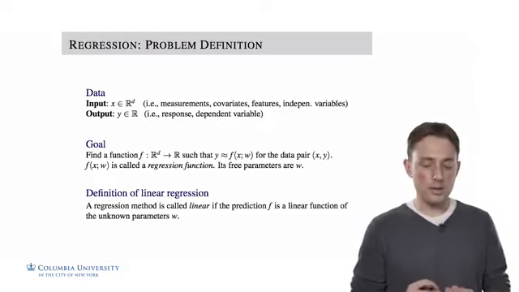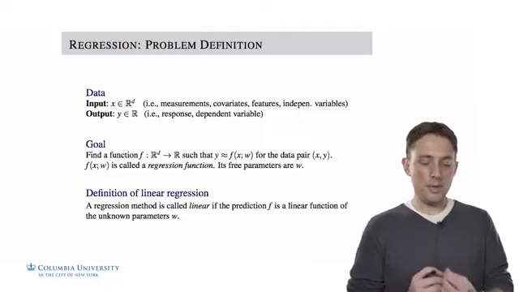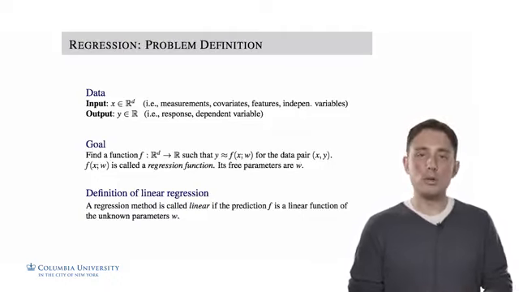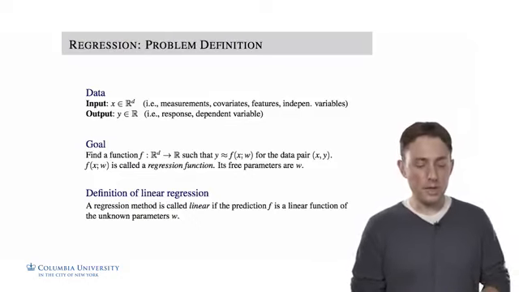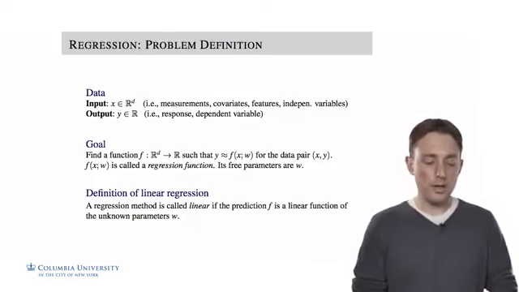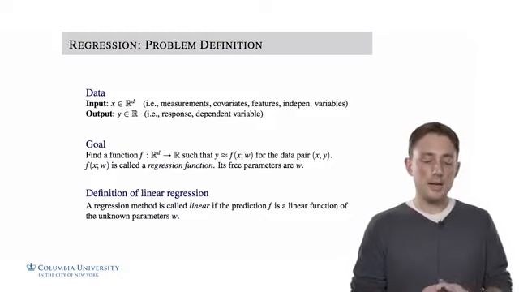We have inputs, and those can be in R^D, and outputs that are real valued numbers that we want to predict. And the goal of the regression problem is to define a function f that maps an input to an output.